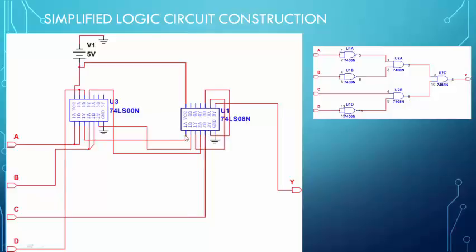If you count 1, 2, 3, 4, 5, 6, connected to where? Connected to 7408's pin number 10. So this one goes this way all the way to pin number 10. So pay attention to the pin connection and also be patient.